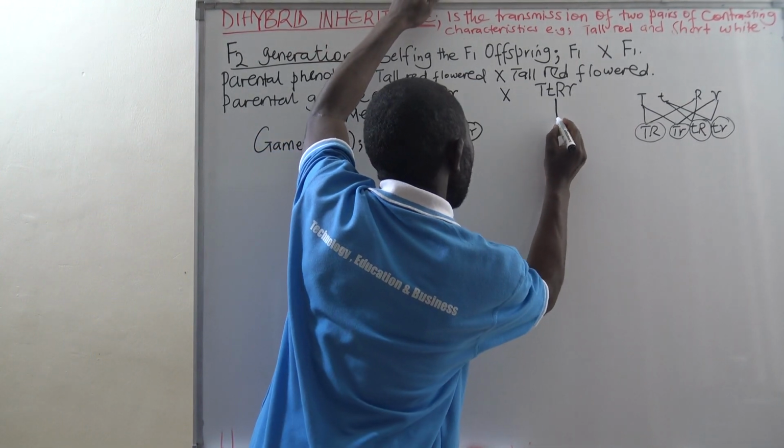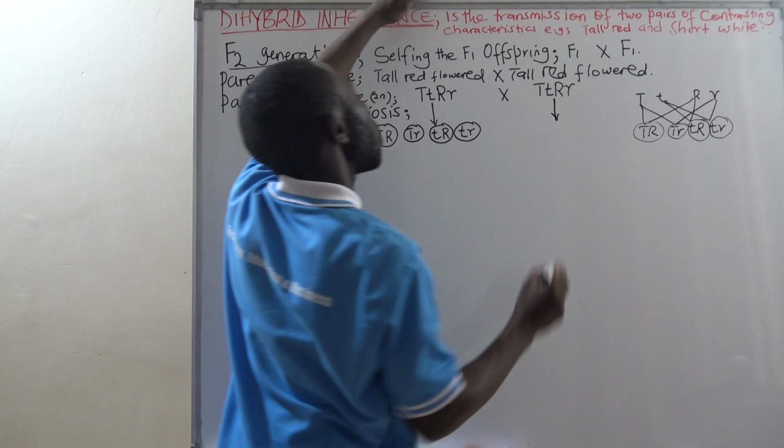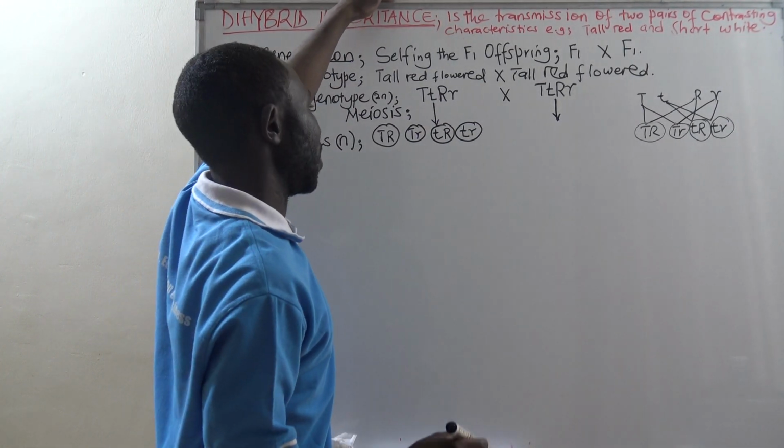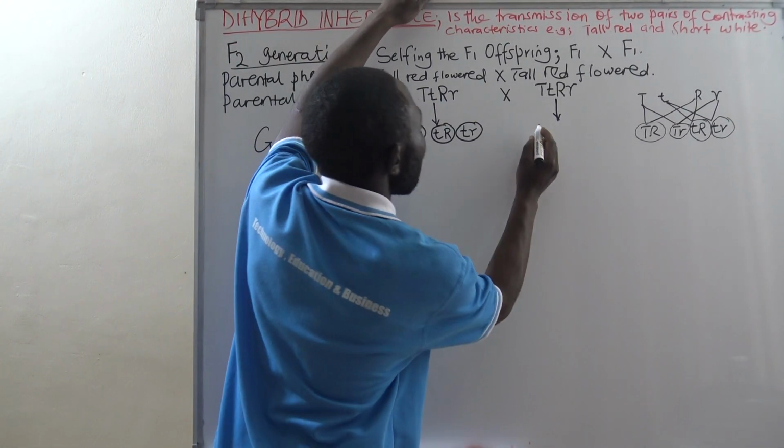We shall have the same allele combinations even for the second parent, since they have the same genotype.